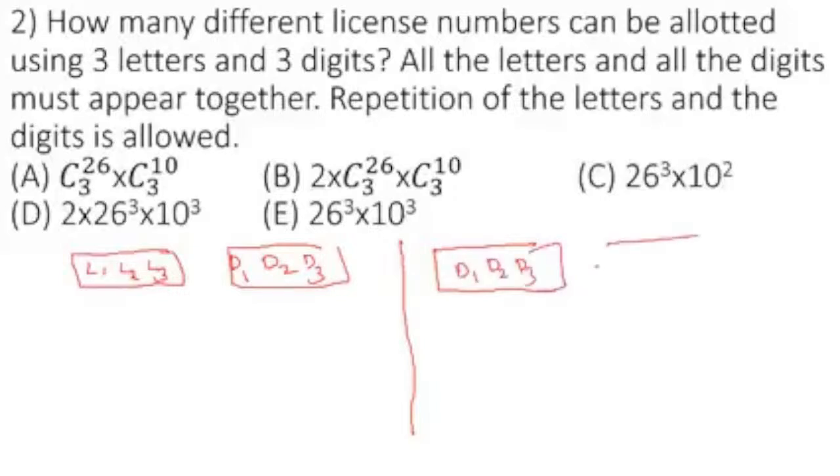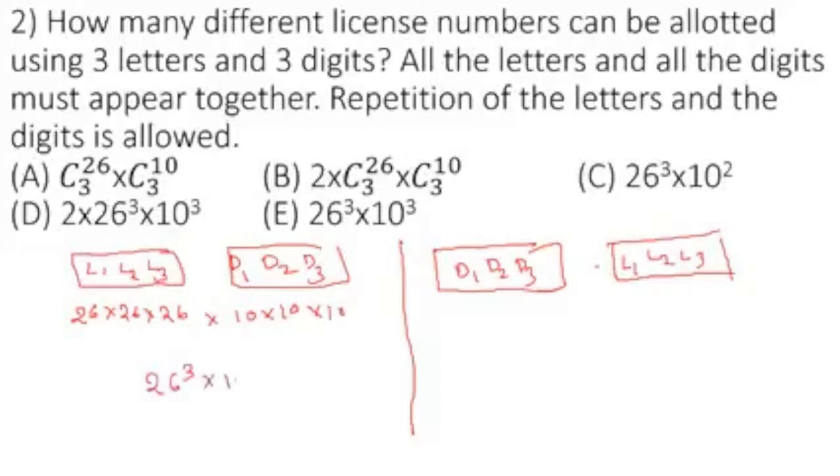For letters, I have 26 letters, so 26 into 26 into 26, multiplied with digits. Remember, 0 to 9, I have 10 numbers, so 10 into 10 into 10. So which will be 26 cube into 10 cube here.